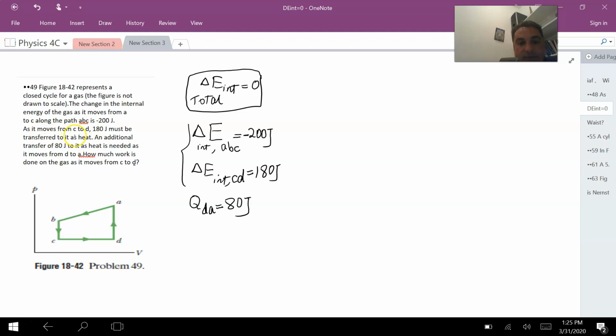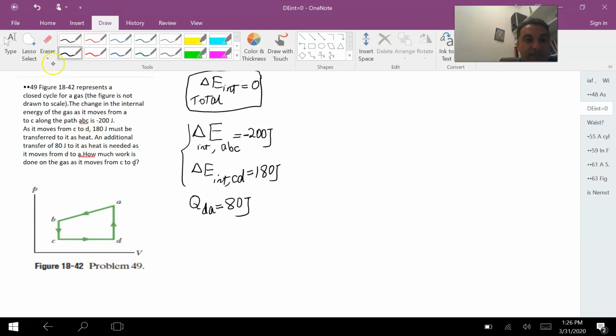As it moves from C to D, 180 joules must be transferred to it as heat. So what can I see here?